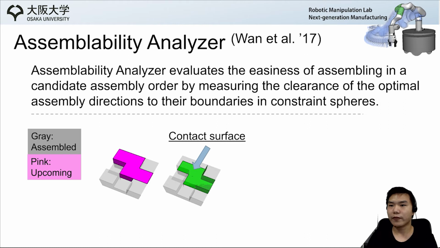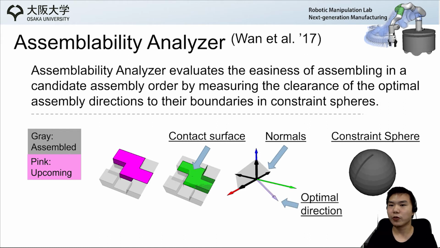The normals of the contact surfaces are used to create constraint spheres for finding the optimal assembly directions. The free space on the constraint sphere indicates the set of all possible assembly directions, and the optimal direction is determined as a vector with maximum clearance in the free space of the constraint sphere.